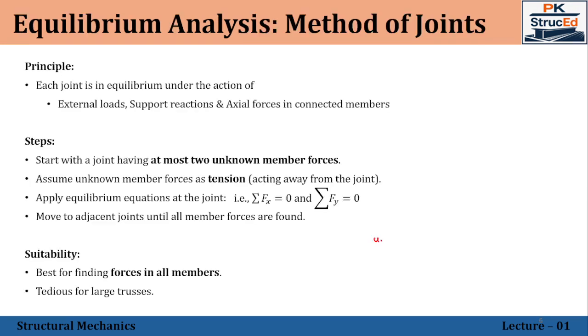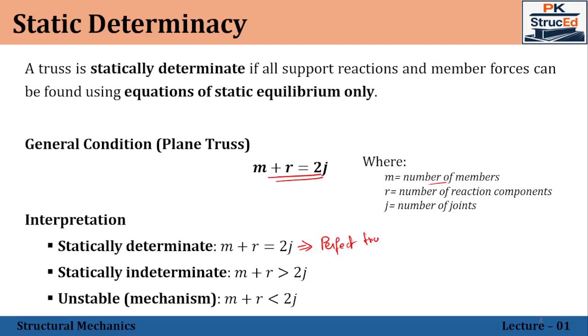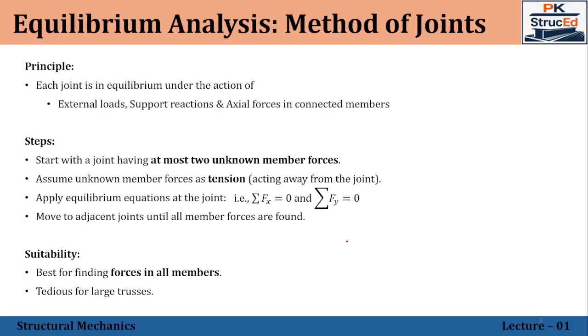If you have m plus r greater than 2j, it will be called a redundant truss. On the other hand, if m plus r is less than 2j, it is called a deficient truss. So now mostly we will be going on with the perfect truss mechanism.